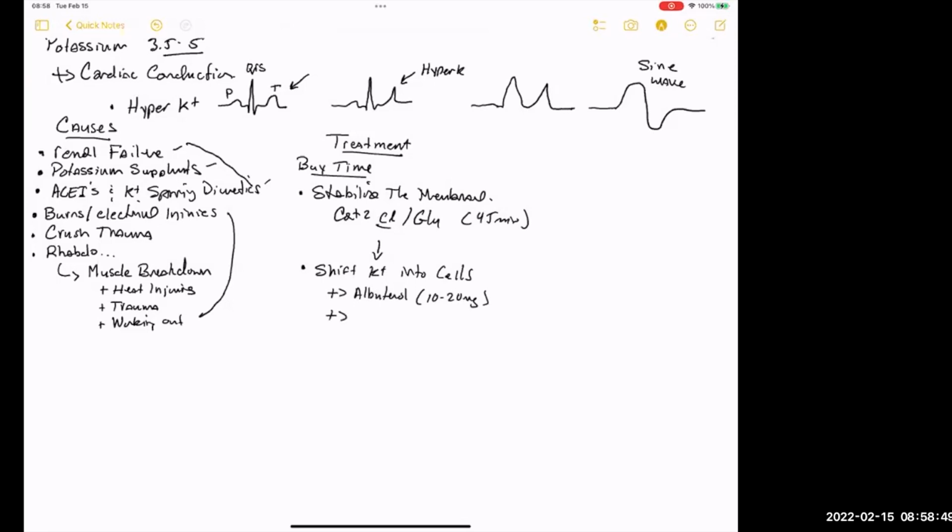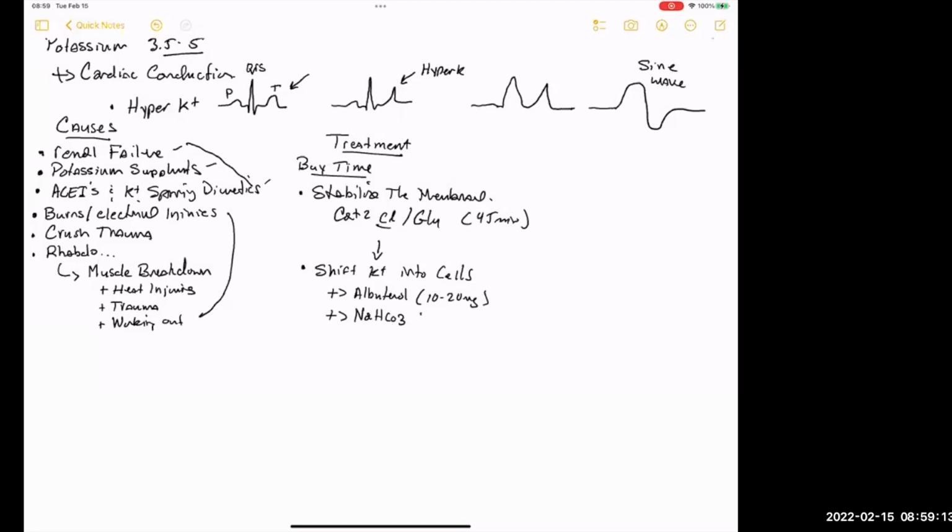We can make the patient more alkalotic, because acidosis causes an extracellular shift. Alkalosis can cause an intracellular shift. So giving sodium bicarbonate, this is actually one of the very few instances where sodium bicarbonate is recommended in the treatment of a life-threatening hyperkalemia.